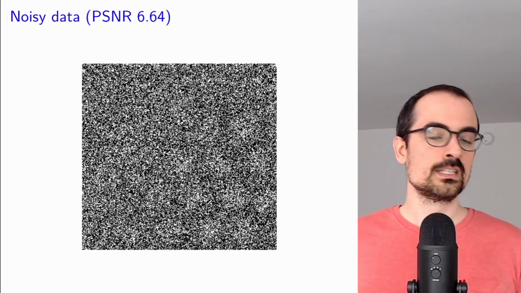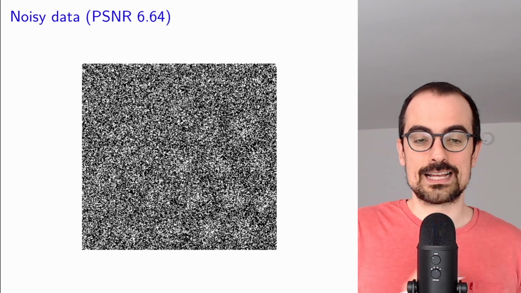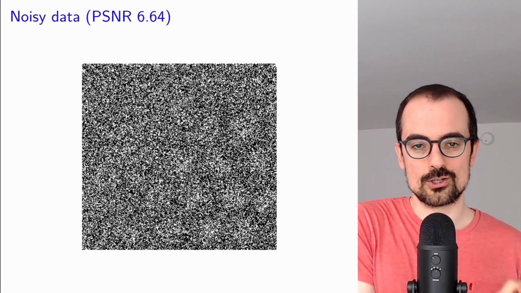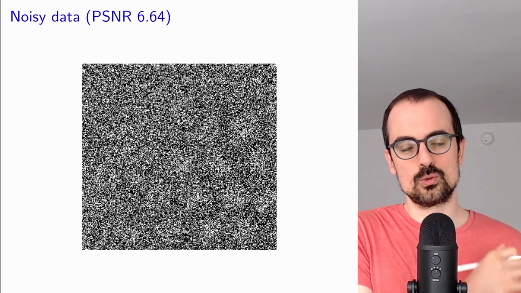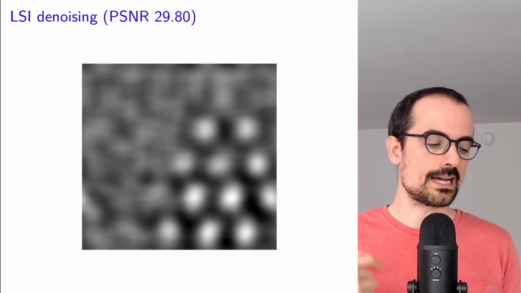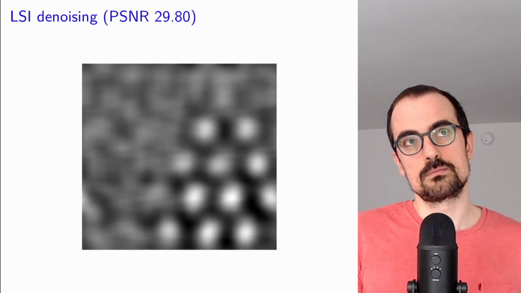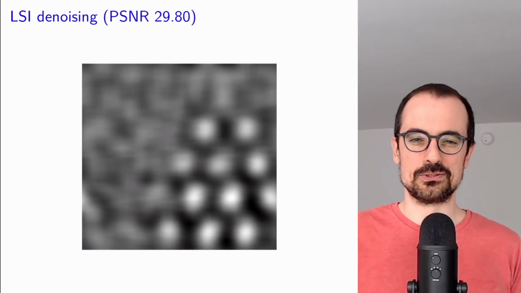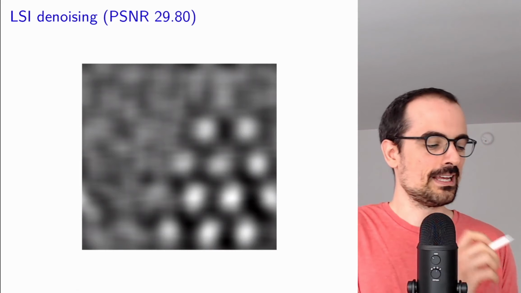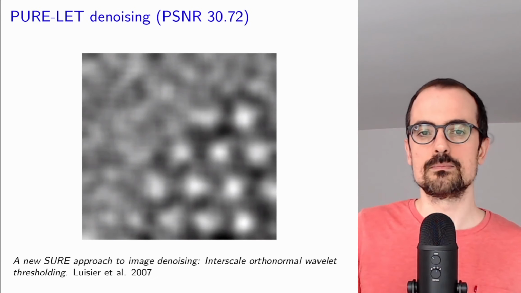And finally, we have the electron microscopy images. Here we cannot apply, for example, BM3D because BM3D is not adapted to Poisson noise and also is not adapted to the structure of electron microscopy images. Instead, we apply a sparsity inducing method, or sparsity exploiting method. Sparsity inducing sounds a bit strange because we're exploiting sparsity. And when we compare it to linear shift invariant denoising, it performs a little bit better.